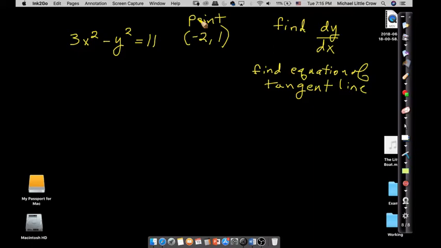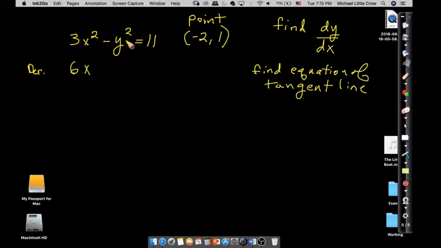Okay, so the steps are first to find the implicit derivative. So first step, derivative. And so we come to 3x squared, and what's the derivative going to be? Excellent, 6, 2 times 3. Subtract 1, it's just x.